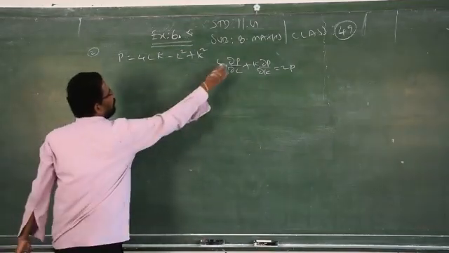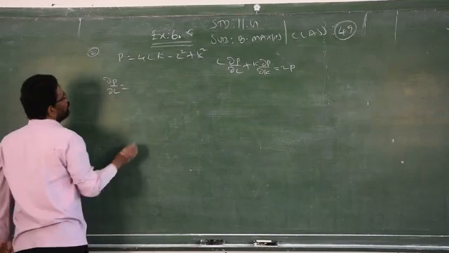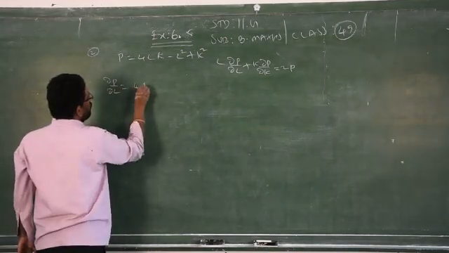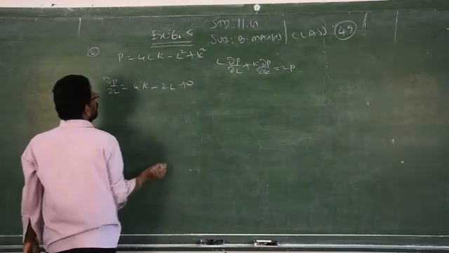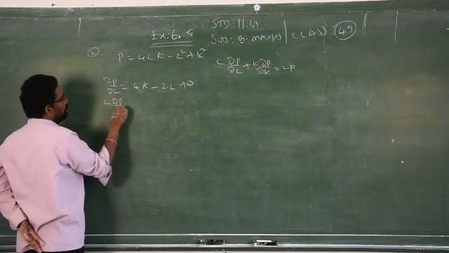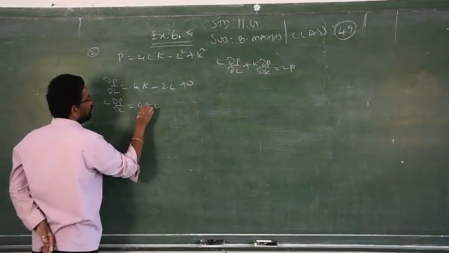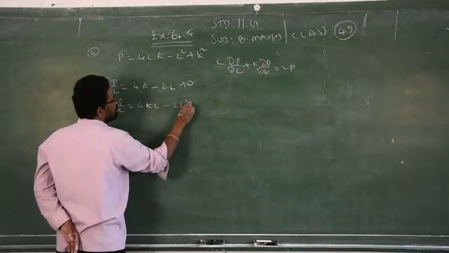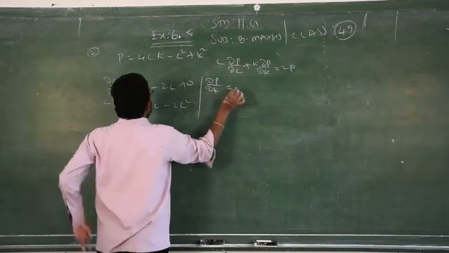Clear? Now find dou P by dou L. L will become 1, so 4K, and minus 2L. You multiply this answer by L. So L dou P by dou L is equal to 4KL minus 2L square.